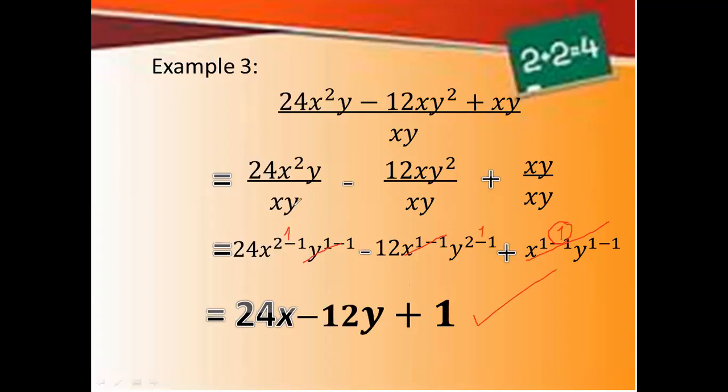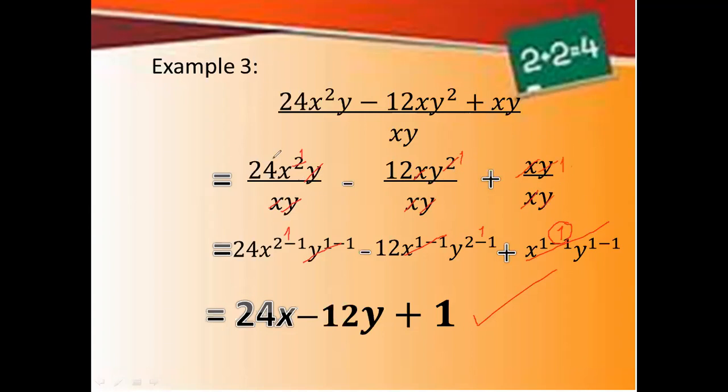So if you would like to do cancellation, then you have 2 and then x, so you have here 1. And then y and y is cancelled. x and x is cancelled. And then you have here y and this one is 1. x and x is 1. y and y is 1. So you have also there 1.